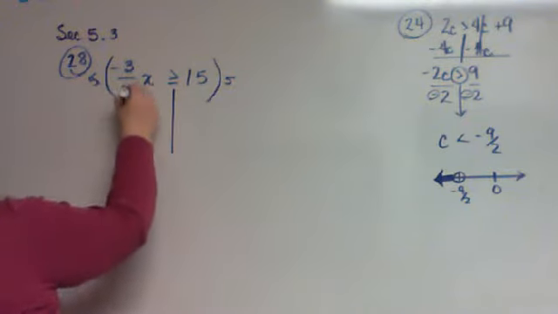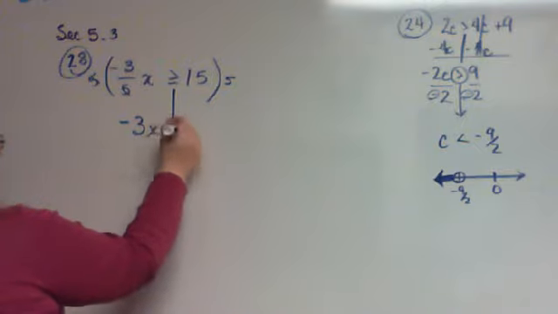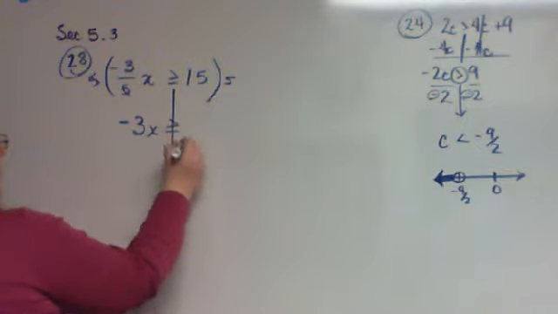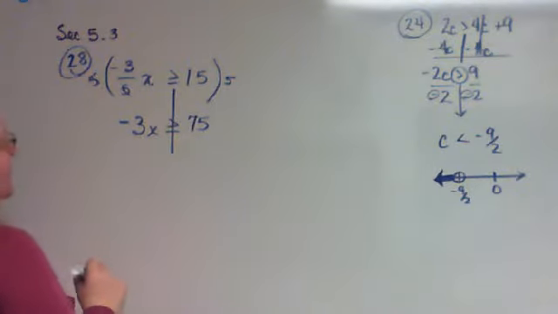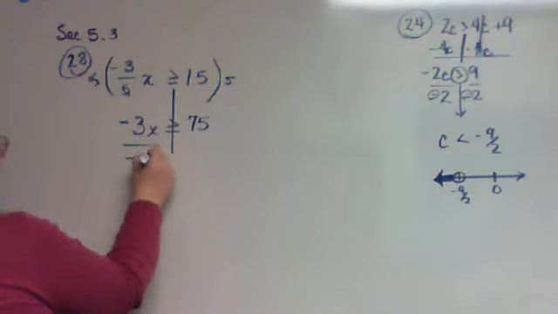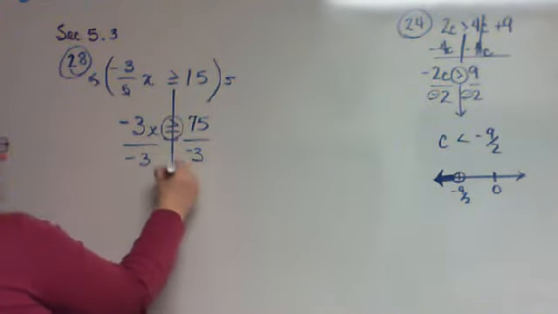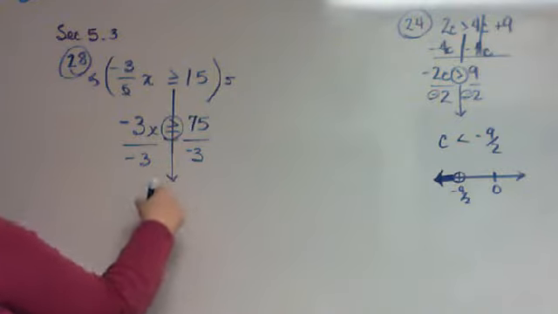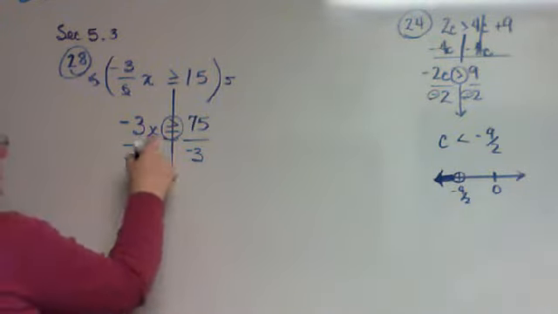So over here, my 5s will cancel out, and I'll get negative 3x is greater than or equal to 75. And then divide both sides by negative 3, which is what flips my sign. That's why I circle it and draw an arrow, because it reminds me I need to change my sign that was there.